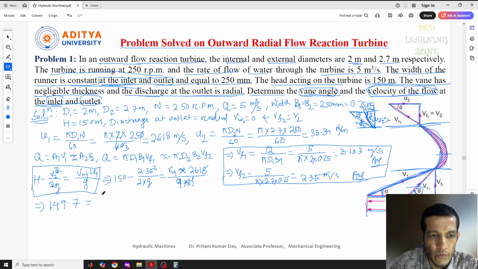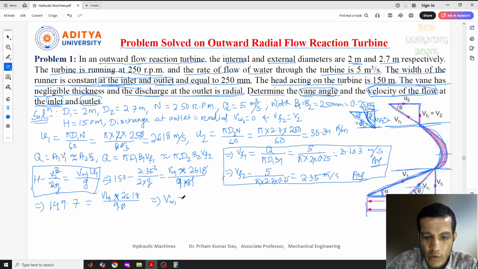This equals VW1 into 26.18 divided by 9.81. Then directly, VW1 equals 149.7 into 9.81 divided by 26.18.